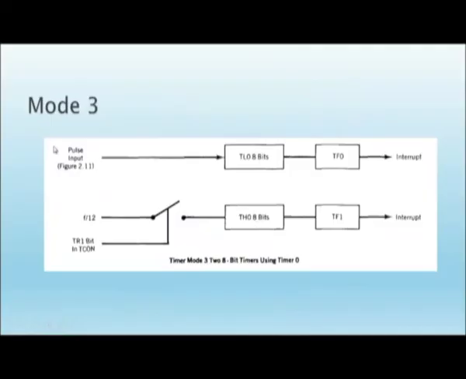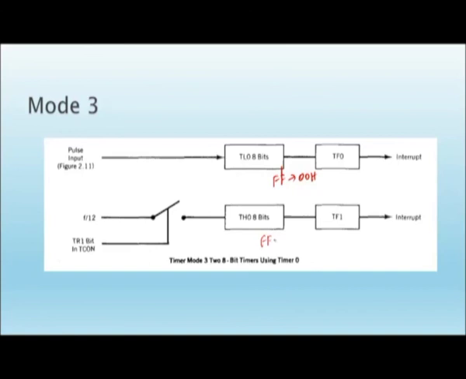This is mode 3. So, the pulse input is given, and that will be loaded in TL0, which is 8 bit. When the 8 bits change from FF to 0, then the overflow occurs automatically. The other one is TH0, here also it is an 8-bit register.